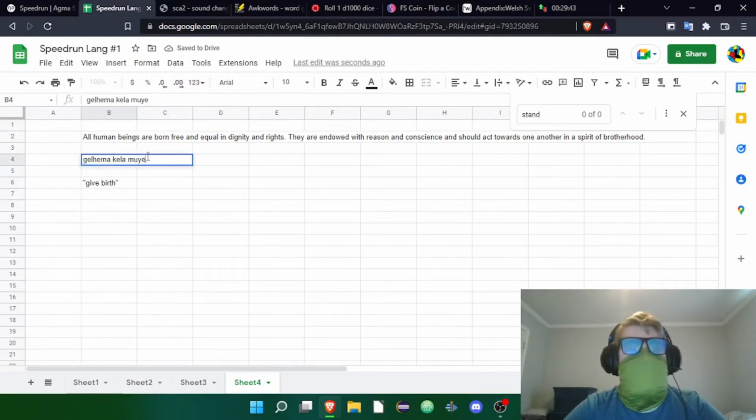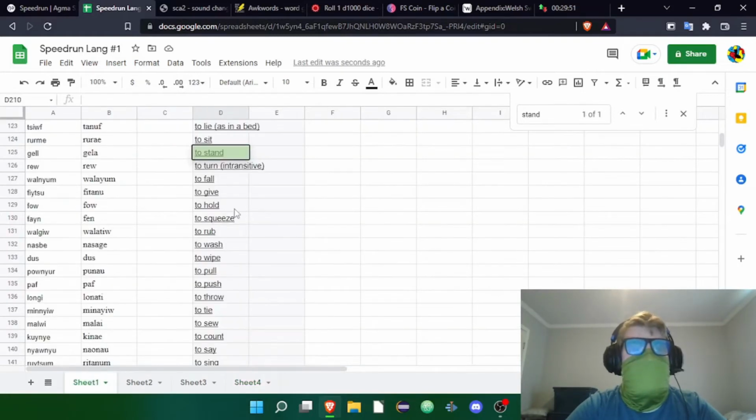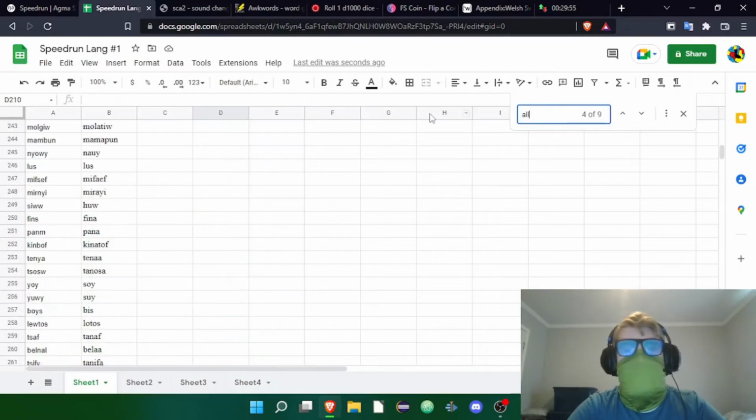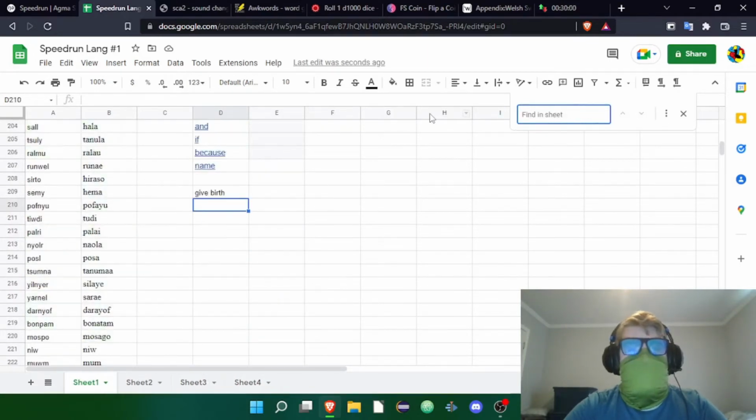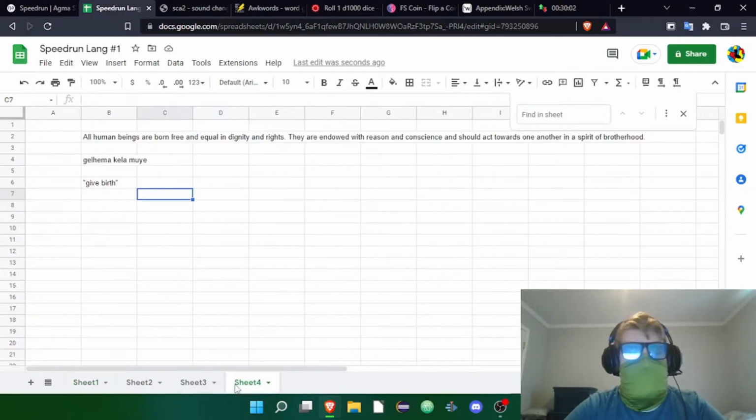And I'm not going to do too detailed of a gloss of this because I'm on a time limit here. So gelhema, gelamuye, and I need to make this plural somehow. Actually, let's keep that singular because this verb here, gela, doesn't have any markers on it.